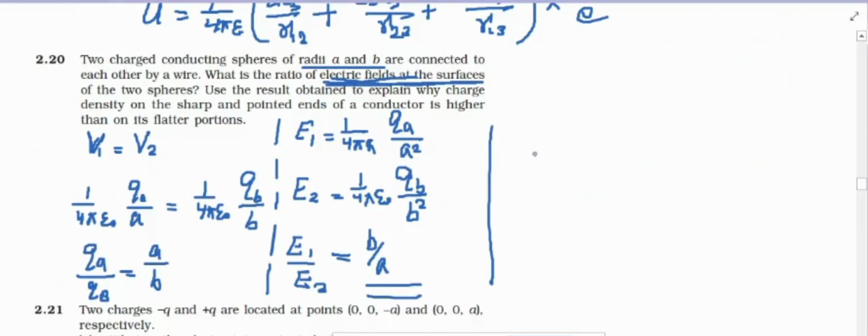Here the charge density formula is sigma is equal to Q divided by 4 pi R square. A pointed end you can consider as approximately spherical, and R is the radius of the spherical part. So for a very highly pointed end, R is very small, and R very small means sigma is very large.